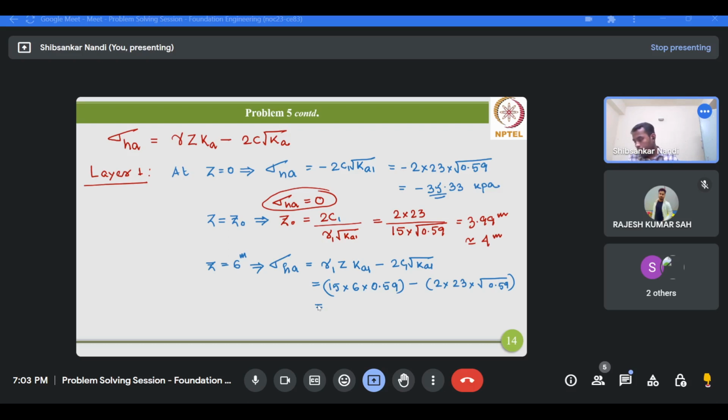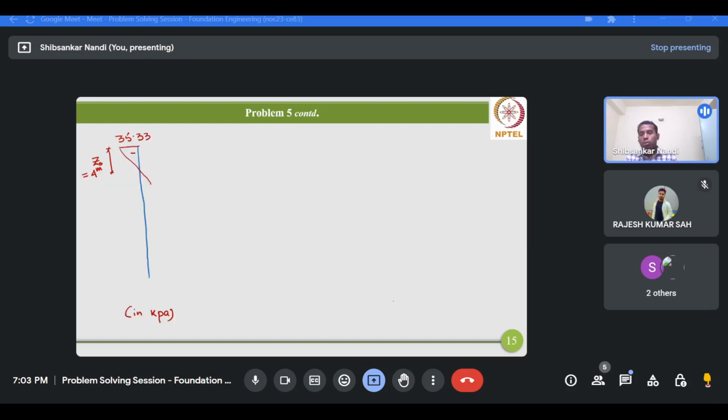So after calculation, am I correct? 15 multiplied by 6 into 0.59, minus 35.33, gives 17.77. So we have got the value 17.77.